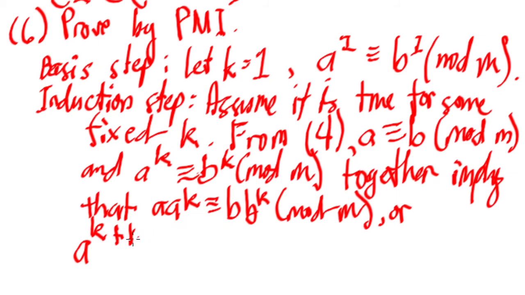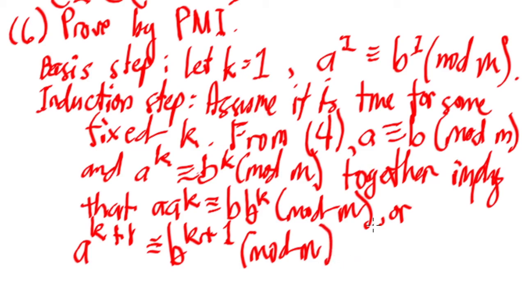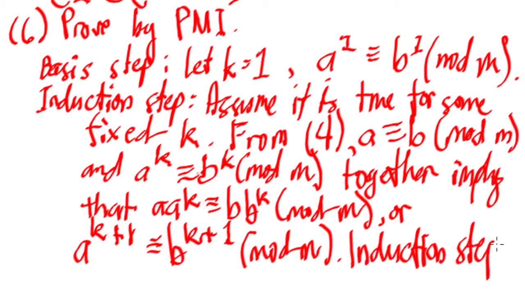So we have A times A raised to K. So this becomes A raised to K plus 1 is congruent to B raised to K plus 1 mod M. This is the form the statement should take for k plus one, and since the statement took the k plus one form, therefore the induction step is complete.